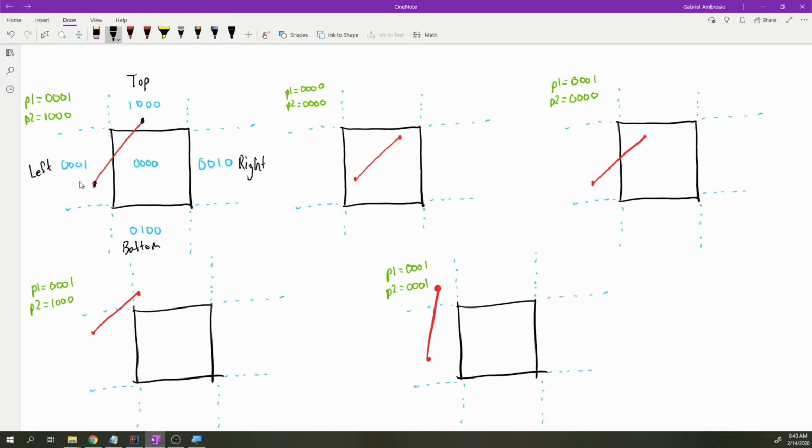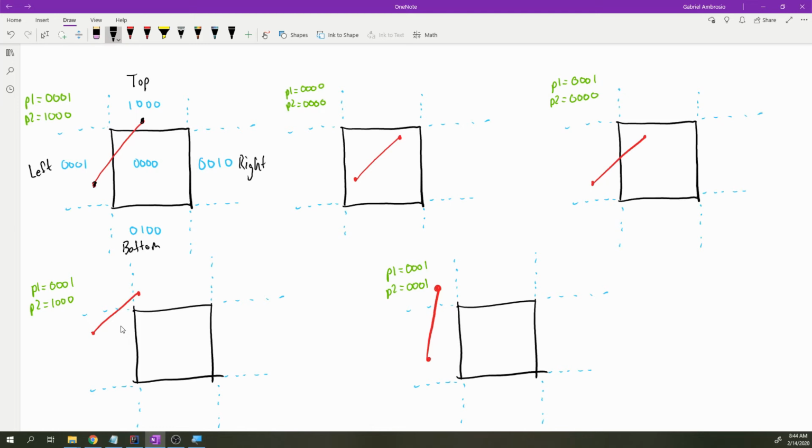So P1 is 0001 because it's only in the left region. P2 is 1000 because it's only in the top region. Right here, we get 0000 for both of them because they're both inside. Right here, we would get 0001 for the left, and then we would get all zeros for the inside.